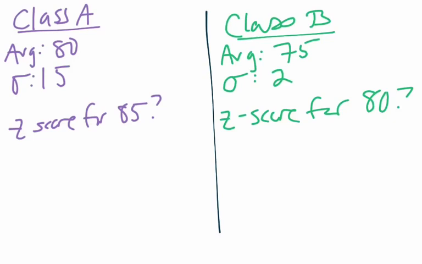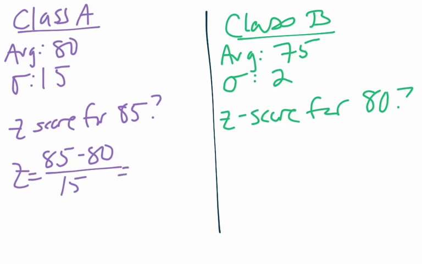Now remember, standard deviation measures how spread out the scores are, and so a standard deviation of 2 is really, really small. It means that these scores are really clustered right around the 85. These scores are much more spread out around the 80. If you were to calculate the z-score for a student that scored an 85, it would be 85 minus 80 divided by 15.